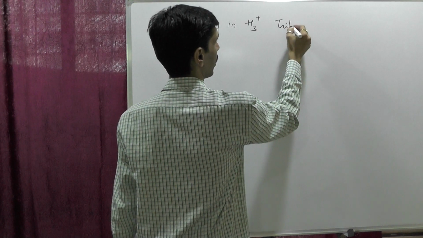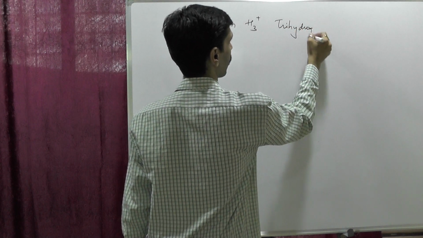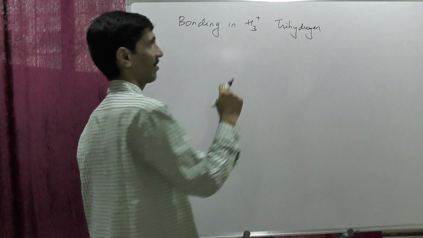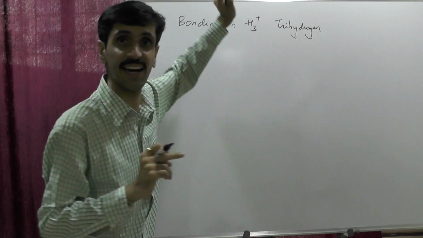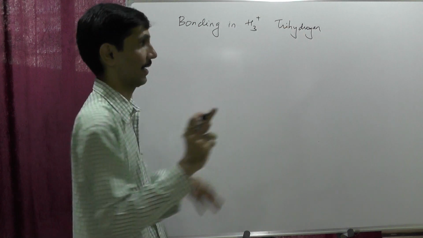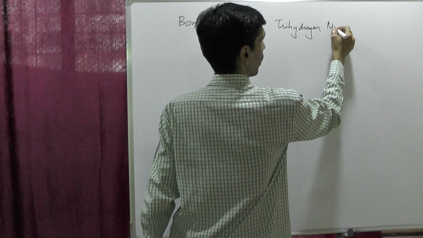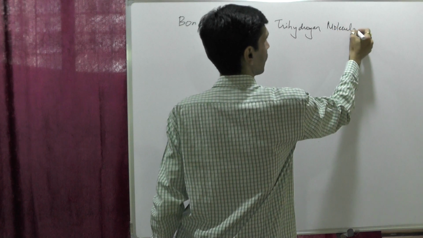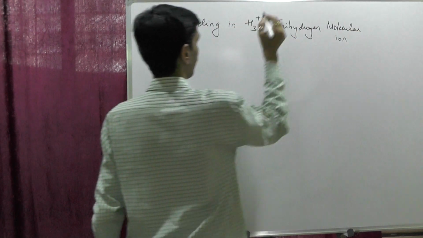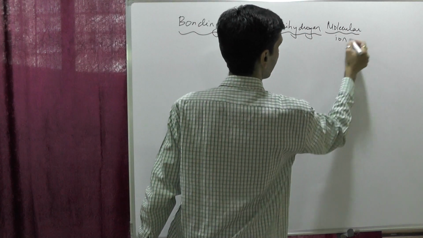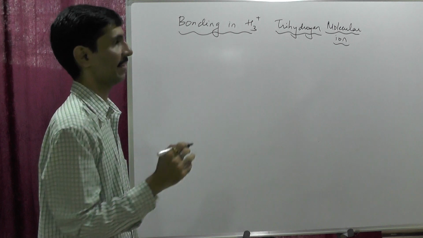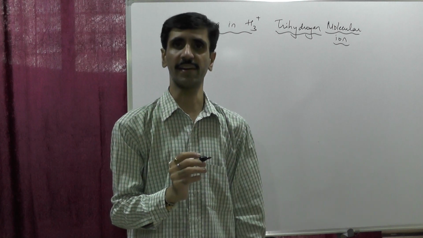Why do I use the word molecular? The reason is that there is going to be bonding existing, so that's why it becomes a molecule, and at the same time it has a charge, and therefore I call it an ion. So it is trihydrogen molecular ion. So this is what we are going to discuss in this particular edition of this video, the bonding in H3 plus molecular ion.